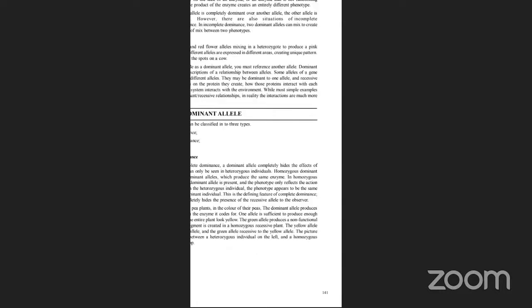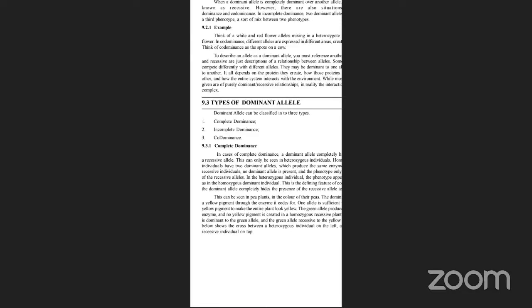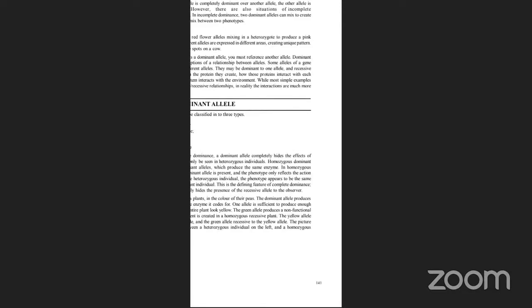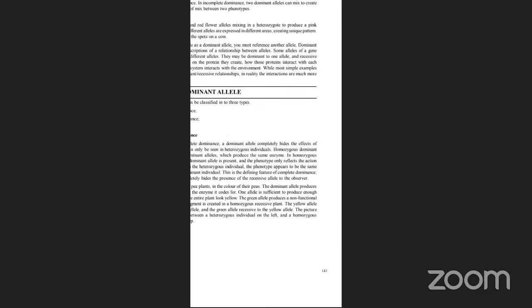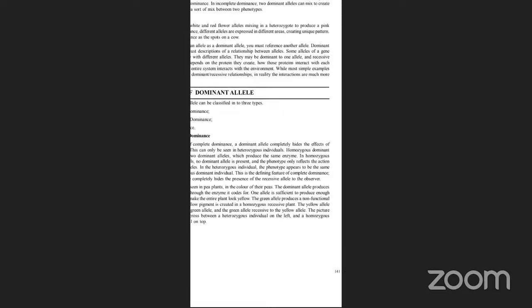In the heterozygous individual, the phenotype appears to be the same as in the homozygous dominant individual. This is the defining feature of complete dominance. The dominant allele completely hides the presence of the recessive allele.